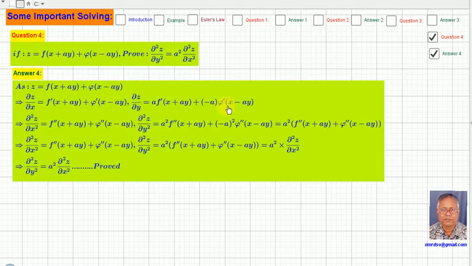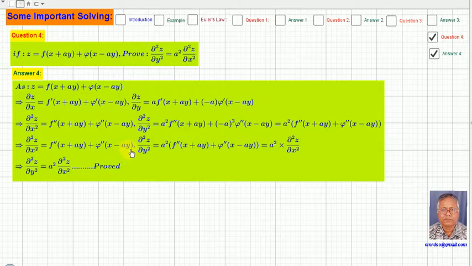minus a into phi dash of x minus ay. Now del square z del x square is equal to f double dash of x plus ay plus phi double dash of x minus ay, and del square z del y square becomes a square f double dash of x plus ay, and another term, minus a square phi double dash of x minus ay, with a minus sign, that is a square times the bracket f double dash of x plus ay plus phi double dash of x minus ay, and that is a square times del square z del x square.